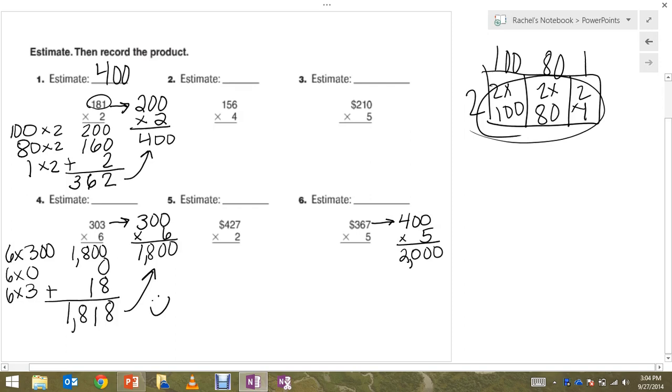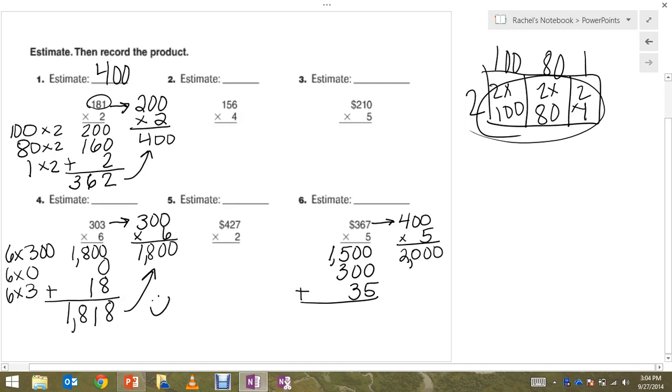I'm going to break up 367 into 300 plus 60 plus 7. 5 times 300 is 1,500. 5 times 60 is 30 with a 0, so 300. And 5 times 7 is 35. I've recorded my 3 partial products.